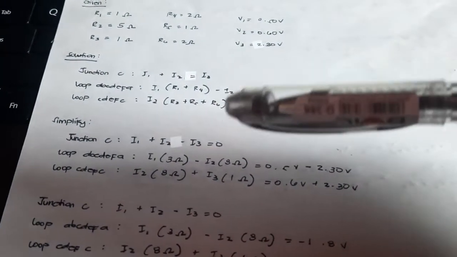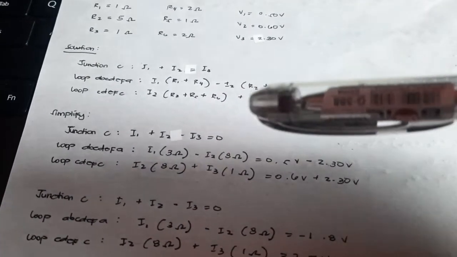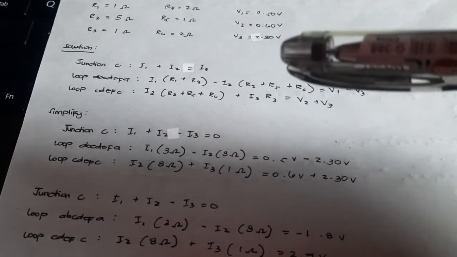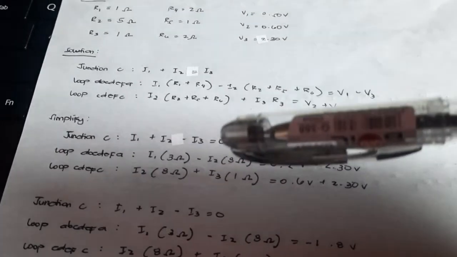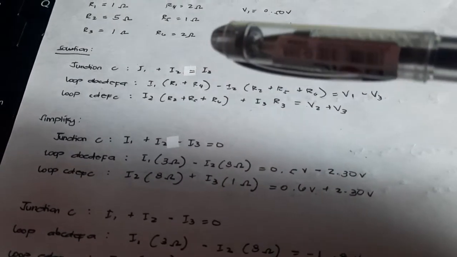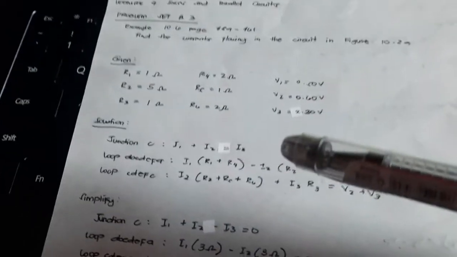Applying the junction and loop rules yields the following 3 equations. We have 3 unknowns, so 3 equations are required. Junction C: I sub 1 plus I sub 2 equals I sub 3.